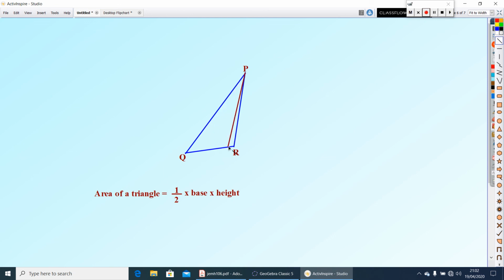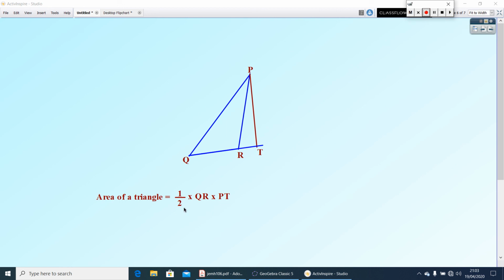So we have to extend QR to get a perpendicular. So we find the area as half into QR into PT. That means here QR is extended to get a perpendicular PT in the case of an obtuse angled triangle.